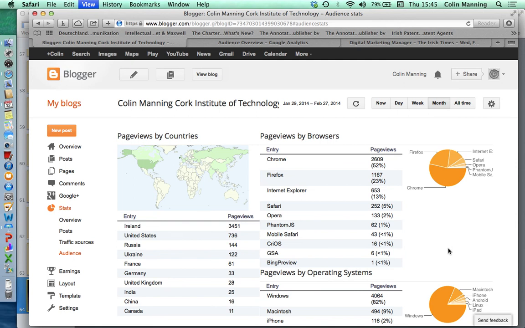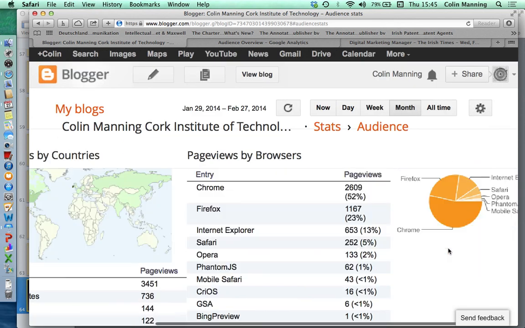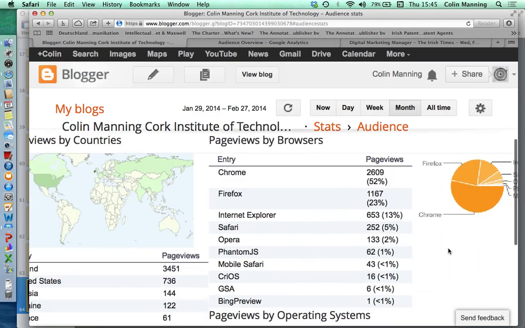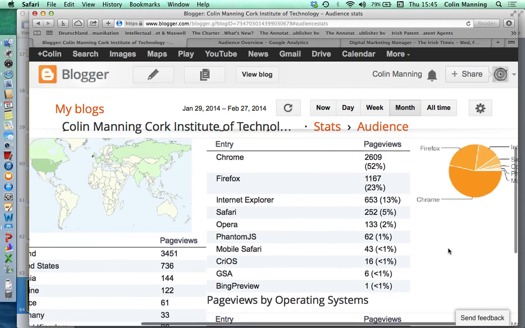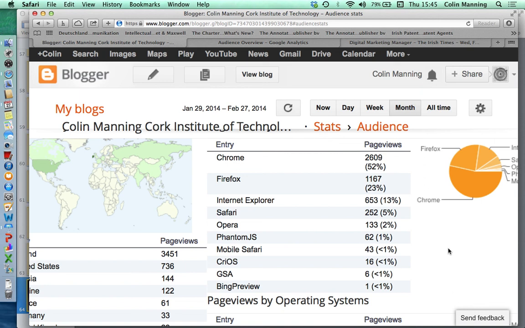So someone looking at this might speculate that there are a lot of nerds. Is nerds derogatory? I don't know. But there are a lot of geeks visiting this webpage because, let's face it, most people don't even know they have a browser.